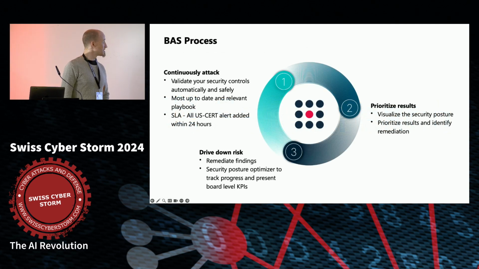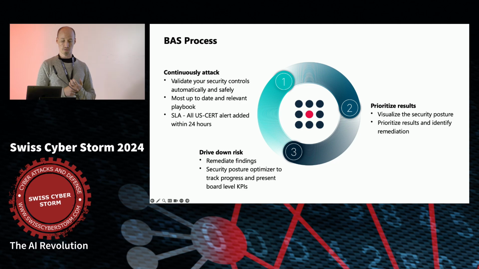How does a typical breach and attack simulation process look like? We start with attacking your environment. So we run simulations, and we run them continuously, on continuously updated playbooks.